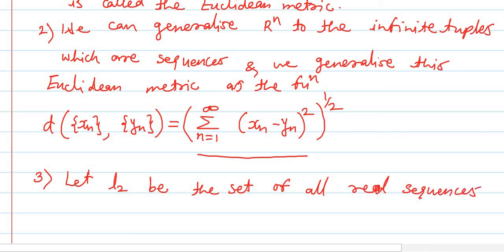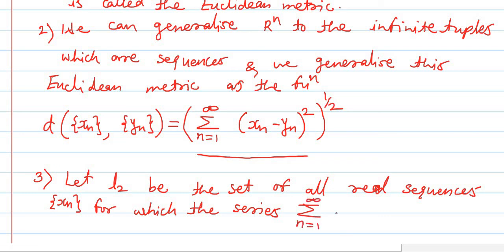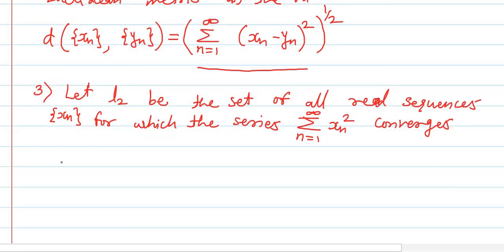(xn) for which the corresponding series, summation over n equal to 1 to infinity of xn², converges. This series converges means its summation is some finite number, that is, less than infinity.